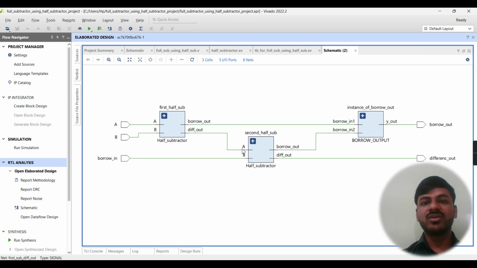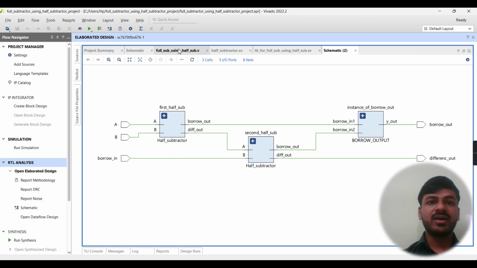Now this difference out goes as the input for the second half subtractor, and it will do the XOR operation with difference out and borrow in, and the final result will be in difference out. Now the borrow outs which come from the first subtractor and the second subtractor will be ORed in this module, and it will give the result in the borrow out.